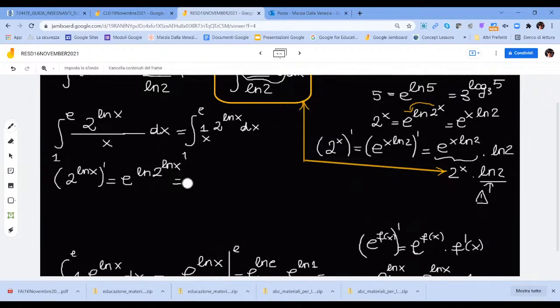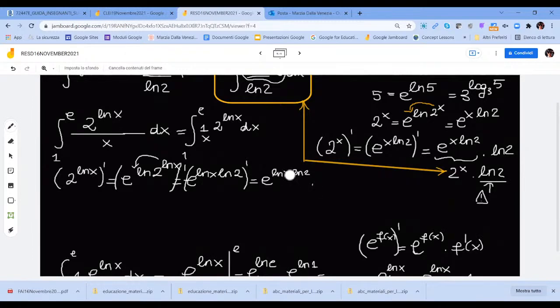That is e, for the same reason as before, that is a multiplicative factor of 2, okay? And when you differentiate this function, you will have, again, everything as it is, multiplied by the derivative of the argument.